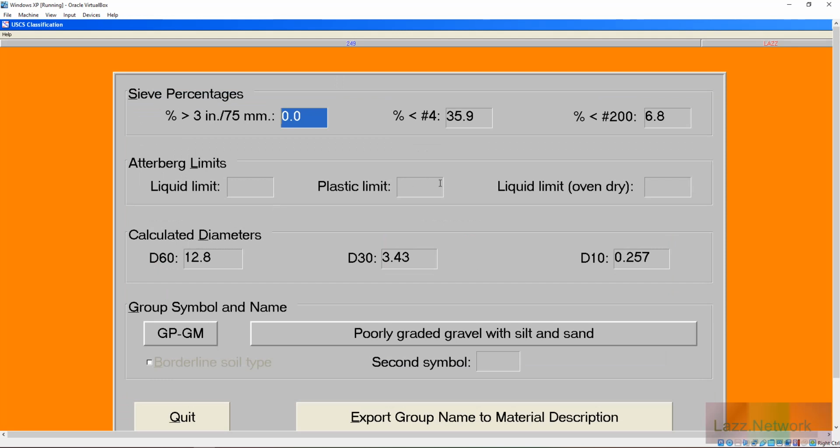Yeah, I don't think it's going to classify. Well, I guess I have to put it here. Wow, it's saying GP-GM. That's crazy. Zero point 0.0, that.